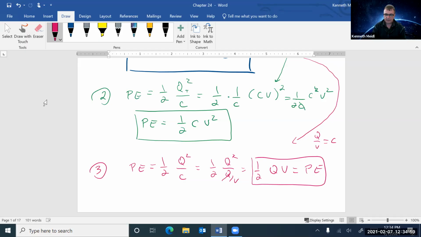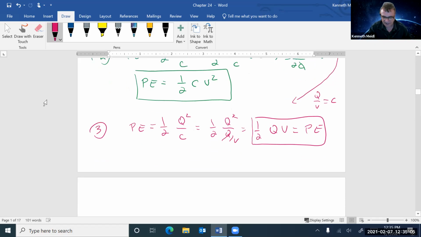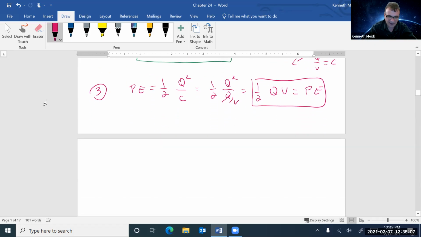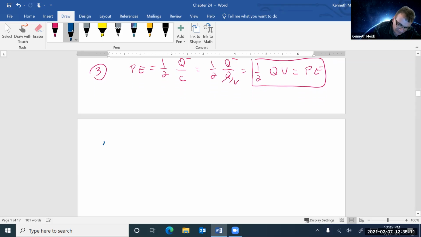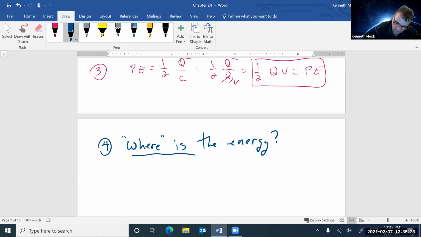Where is the energy? So if we're storing it, where is it? It's probably worthwhile to contemplate that question here. So, where is the energy?